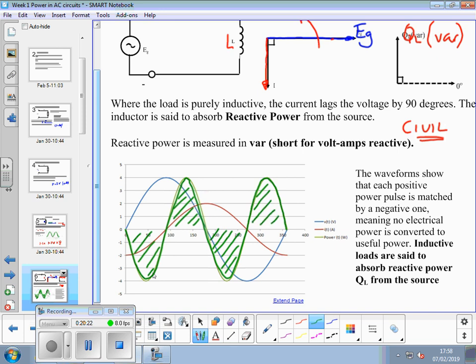So what's given in one breath is taken back in the next. No real power is being used because the inductor's charging up in one half cycle and giving everything back in the other half cycle. It causes a current to flow, but doesn't do any useful work whatsoever.